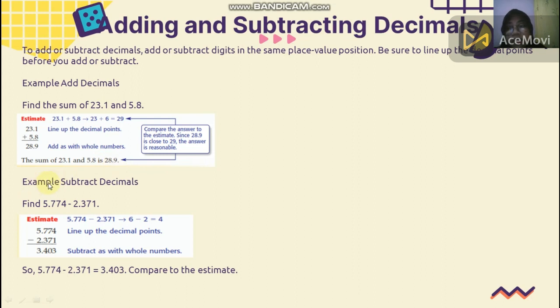28.9. Example, subtract decimals. Find 5.774 minus 2.371. Estimate 5.774 minus 2.371 becomes 6 minus 2 is equal to 4.